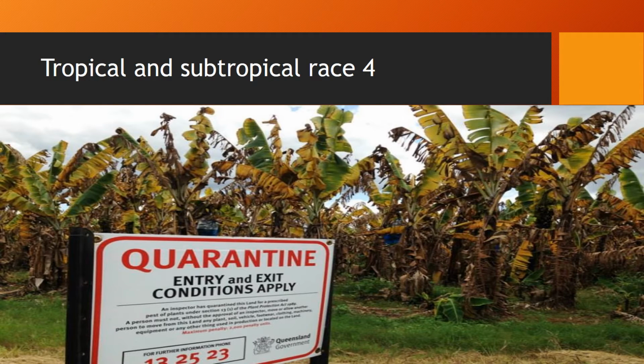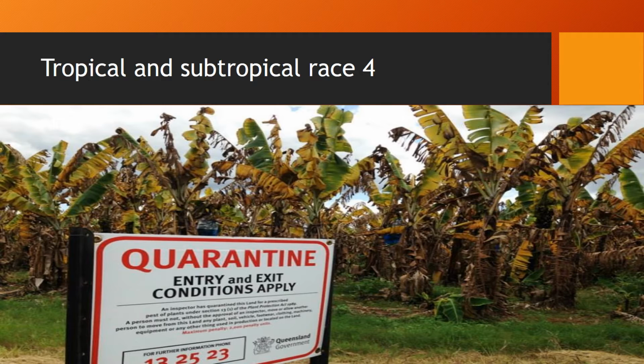As their names suggest, tropical race 4 appears in Cavendish plants that are grown in more tropical regions, and subtropical race 4 is showing up in more southern regions such as northern Wales, Western Australia, and Queensland, all of which have been under quarantine for some time now.